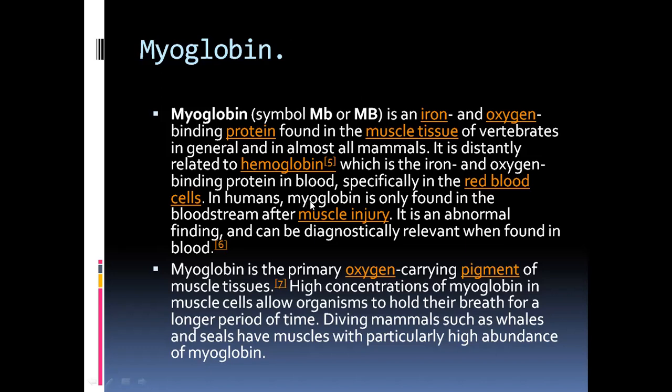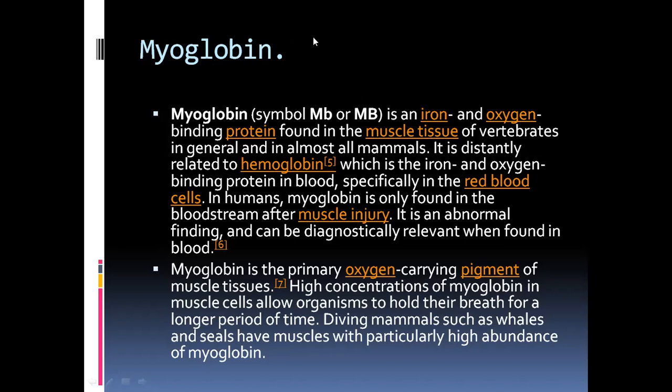In humans, myoglobin is only found in the bloodstream after muscle injury. Myoglobin is normally present in the muscle tissue. It is not present in the blood. In human beings, if we see myoglobin in the blood, then that means that maybe some muscle of the body has been damaged.